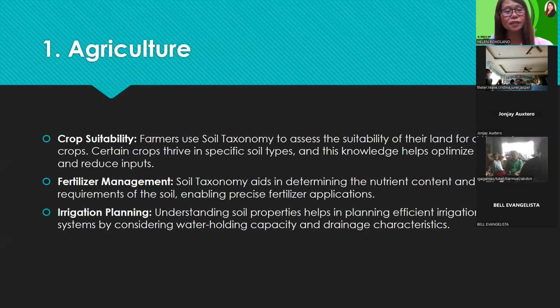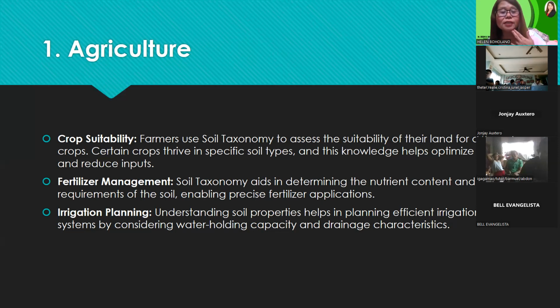Another is fertilizer management in terms of agriculture. Soil taxonomy aids in determining the nutrient content and requirements of the soil, enabling precise fertilizer applications. So we should not just apply fertilizer carelessly.